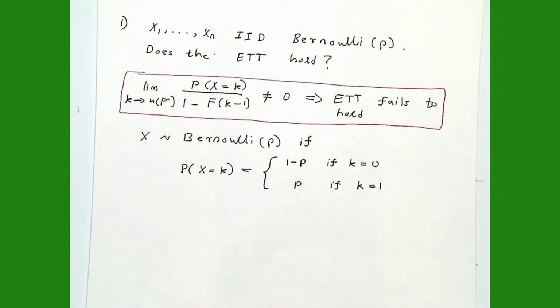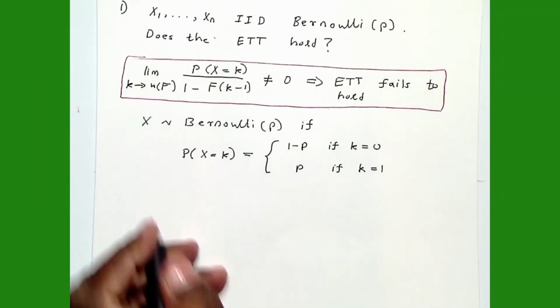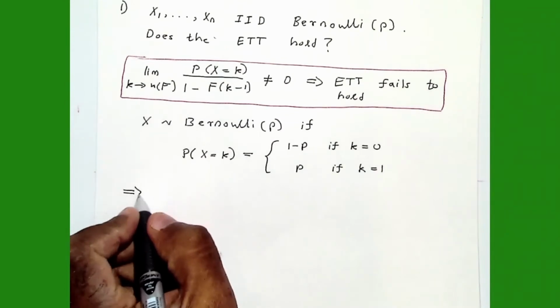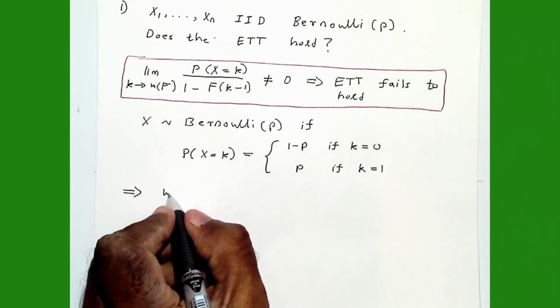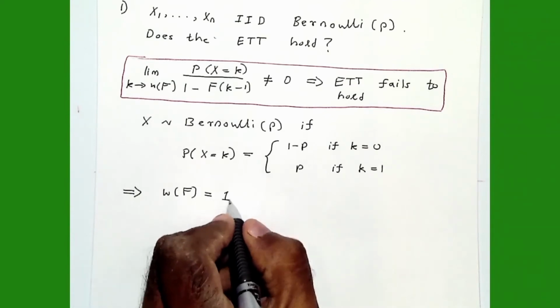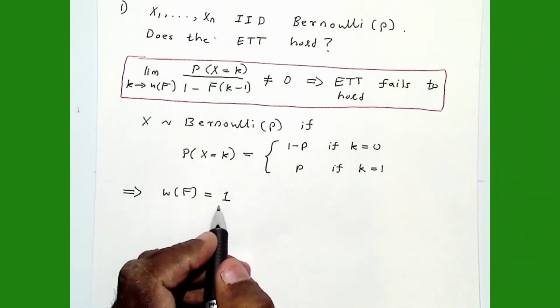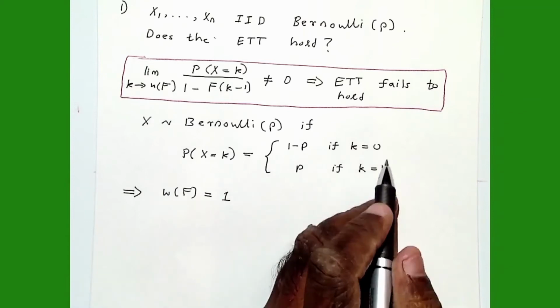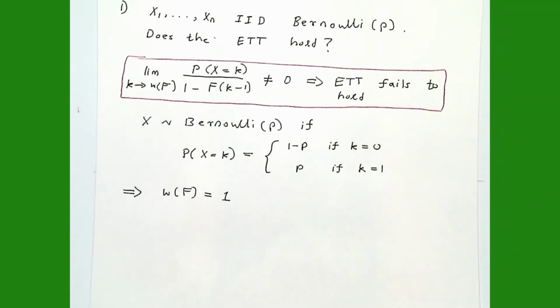So what this implies is that the upper end point must be, remember, the upper end point is the largest point of the support. So it's the larger point of 0 or 1, which is 1.